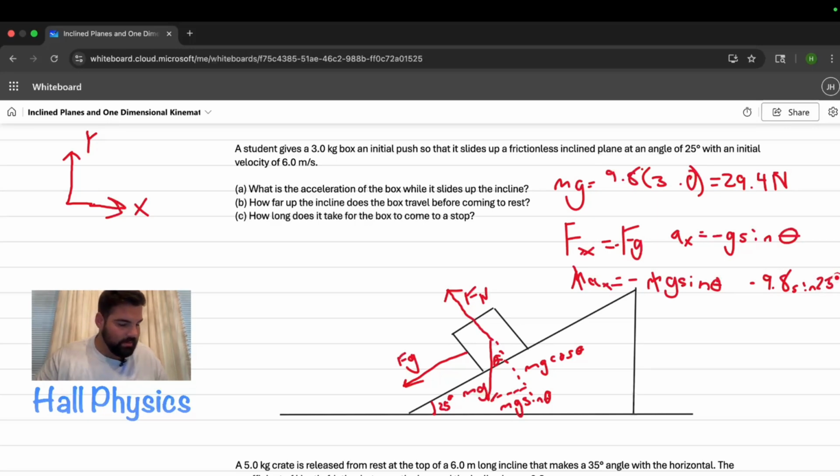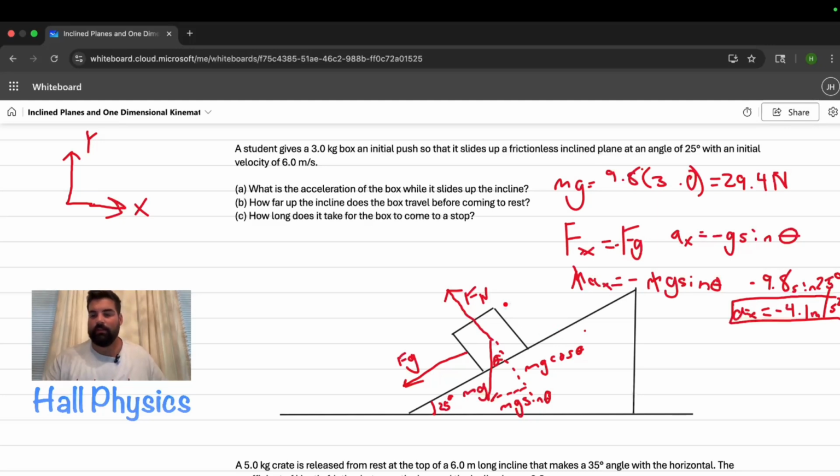So when I plug that in, I should get the acceleration of the box in the x direction is negative 4.1 meters per second squared. Okay, so the negative, all it's telling us is that the box is accelerating back down the ramp.